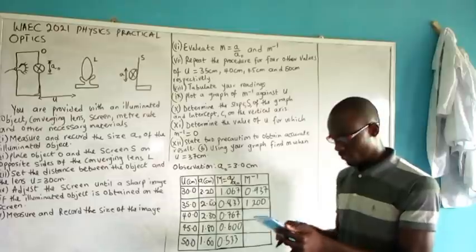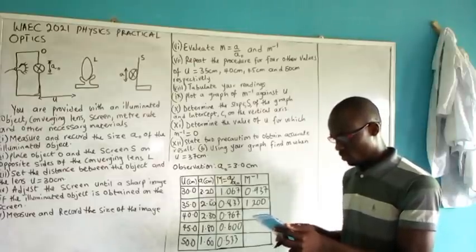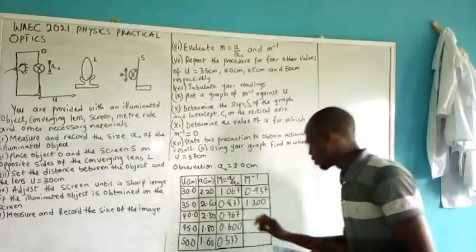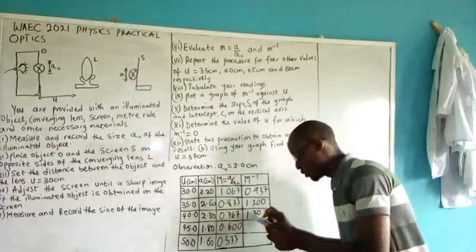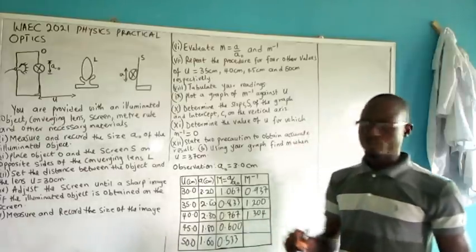Then the next one, 1 over 0.767, gives us 1.304 after approximation.